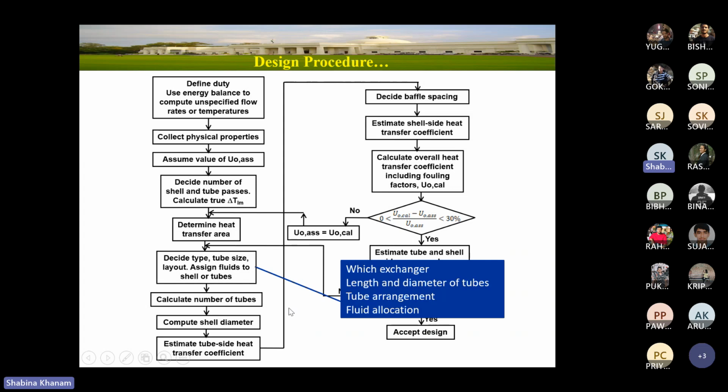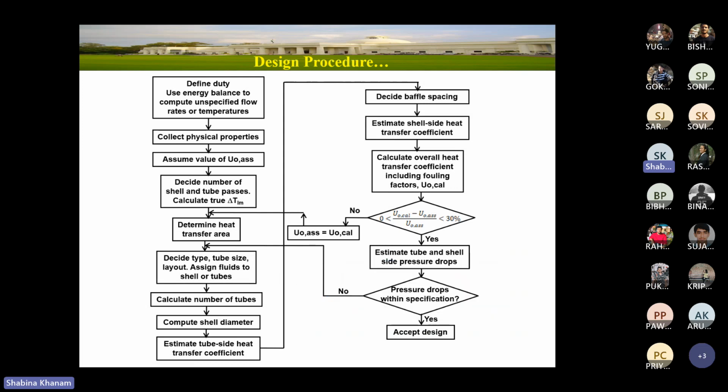Okay, now once you have fixed all these parameters, then you can calculate number of tubes. Simple. Total heat transfer area you have calculated, you have tube dimension. So area of one tube you can find out, and then you can calculate the number of tubes.